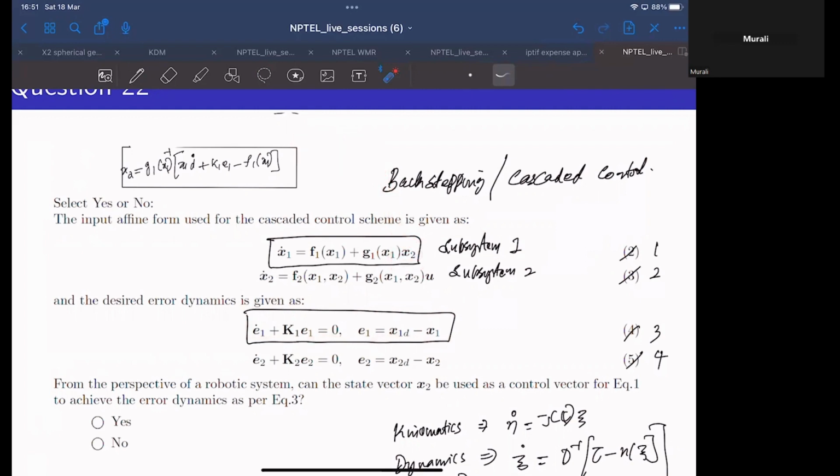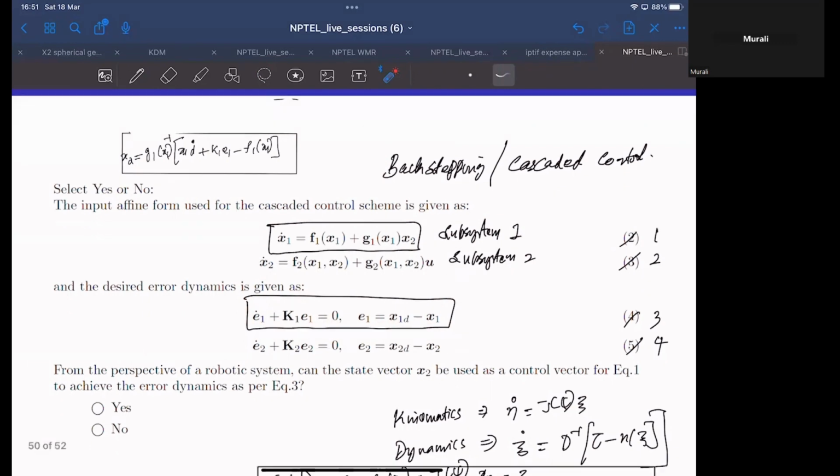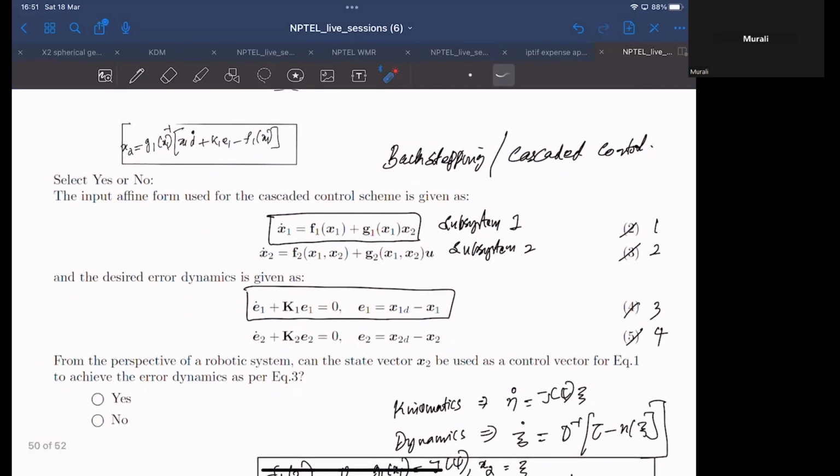But again, there is a conflict of interest because x2 is the state vector of subsystem 2. It cannot be both simultaneously, right? So how the cascaded control law develops further is that from now onwards, we would call this expression x2d, and we would substitute this x2d onto this x2 so that it will satisfy the first order error dynamics.